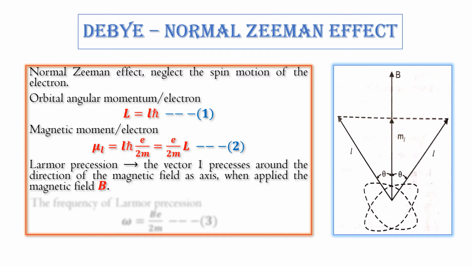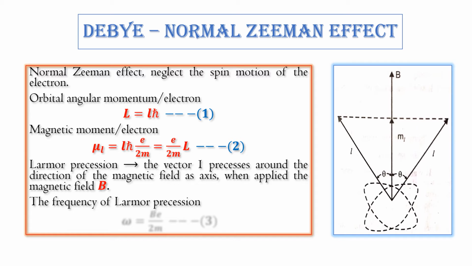Next, what is meant by Larmor precession? Larmor precession is nothing but the vector L precesses around the direction of the magnetic field as axis when the magnetic field B is applied.